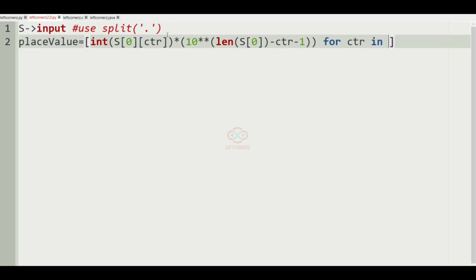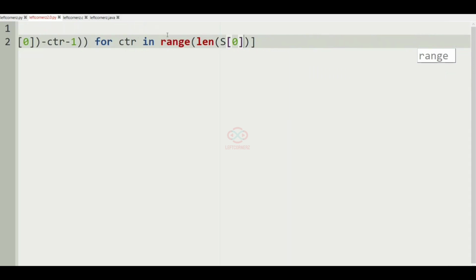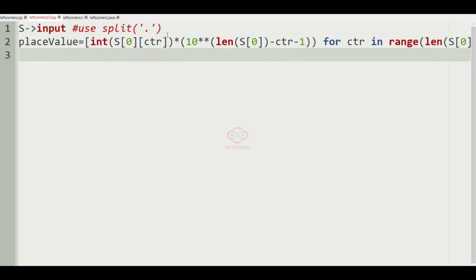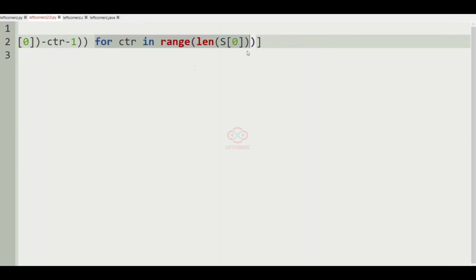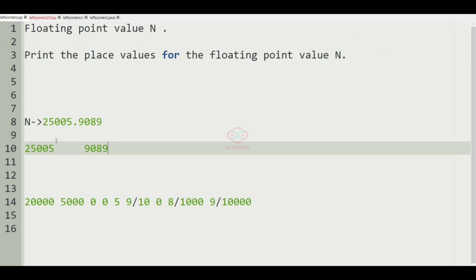And we'll be iterating for ctr in range len of s of 0. So this will be the value which will give us the place value for each integer.